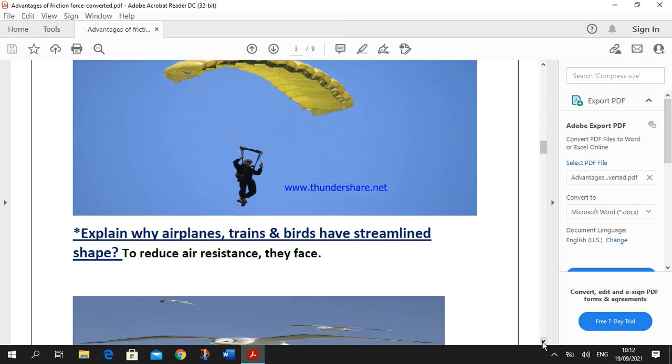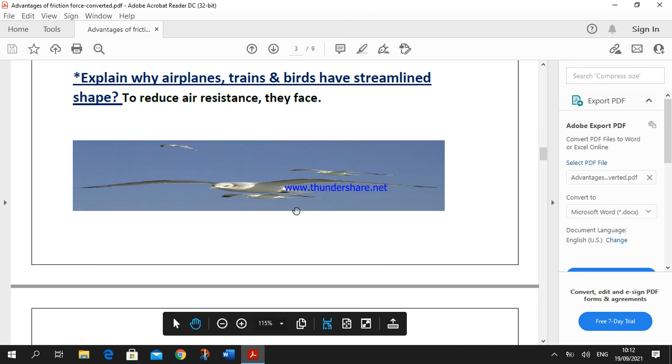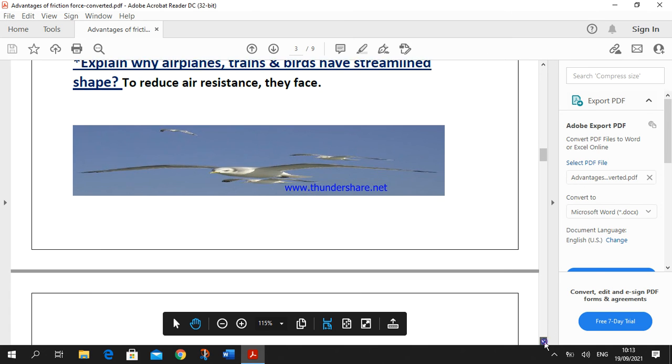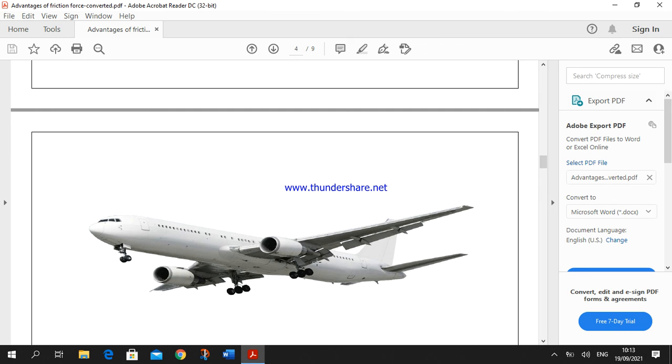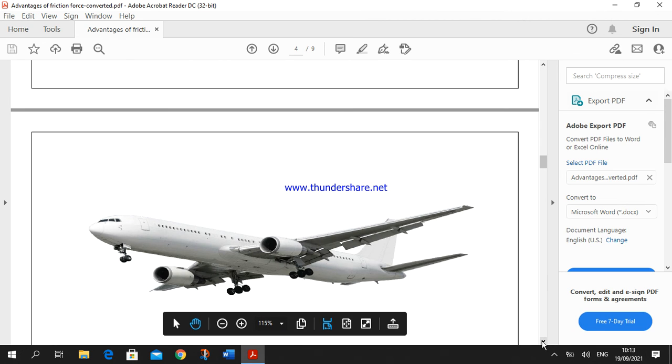Also, by noticing the shape of birds and airplanes that move in air, we notice they have a streamlined shape. The streamlined shape decreases the air resistance, so the airplane saves fuel and does not consume more fuel during flight.